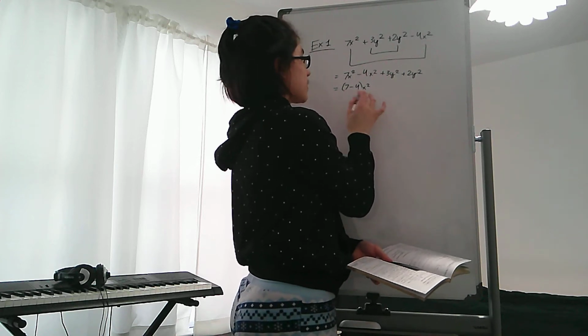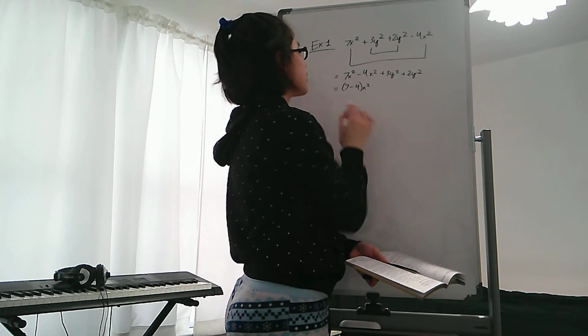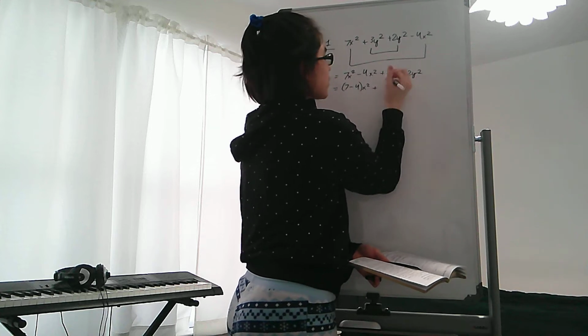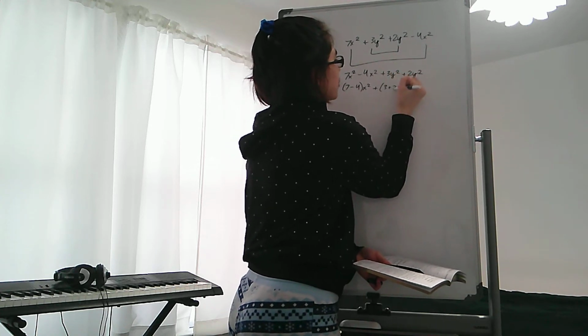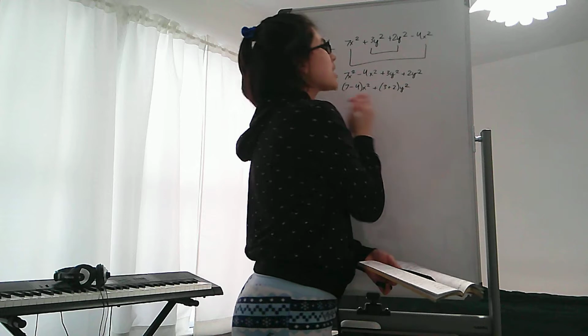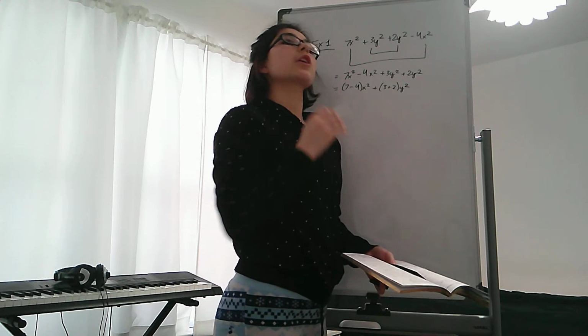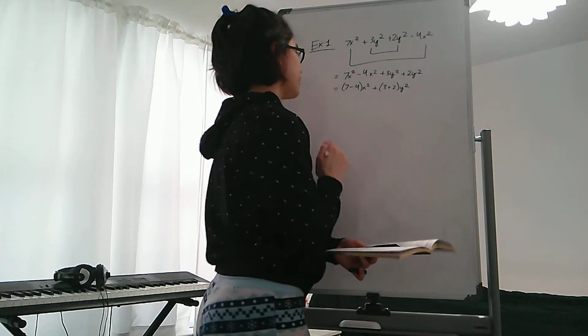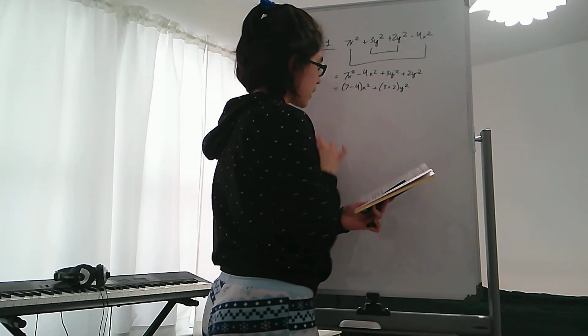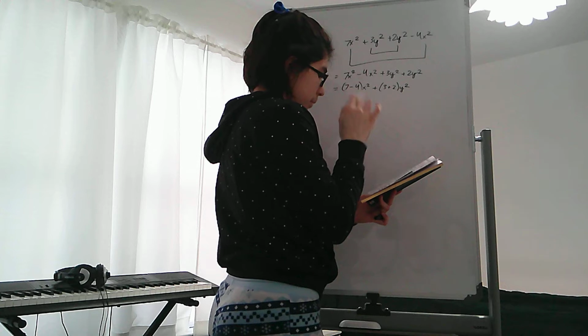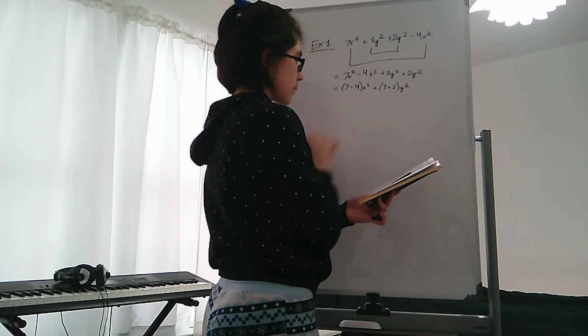So 7 minus 4, because that's the coefficients, x squared, plus, we're going to do the same thing over here, 3 plus 2 times y squared, because that's really all you're doing when you combine like terms. You are computing their coefficients, okay? So we've got 7 minus 4 times x squared plus 3 plus 2 times y squared.